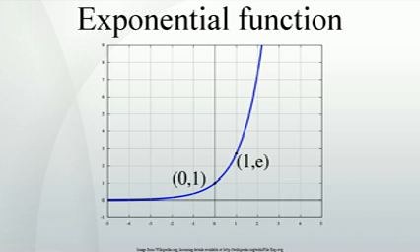Some alternative definitions lead to the same function. For instance, e^x can be defined as lim (1 + x/n)^n, or e^x can be defined as f(1), where f(t) is the solution to the differential equation f'(t) = xf(t) with initial condition f(0) = 1.